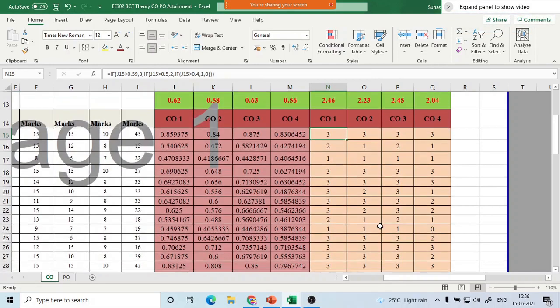I can say this much attainment we have achieved. CO1 attained by the first student is 3, by the second student is 2, by a third student is only 1, likewise. This is nothing but the measuring you are going to do. Once you create this sheet, you need not worry, because you only have to cut and paste the marks and names of the students and everything will be taken care of. Only one addition you are going to do.